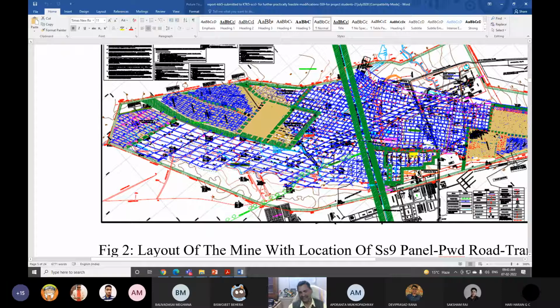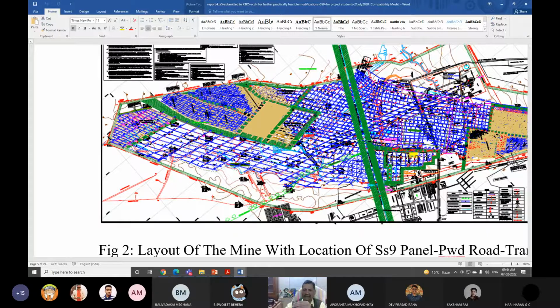Now on this side, when you are providing, suppose on the right side or whatever the side, right? One of these from the main incline, and now it is blue color, right? This blue color is your intake, and the return, right? This is a return airway where I may be having an exhaust fan here. Okay. Now when I am opening the headings, what will happen from this side?